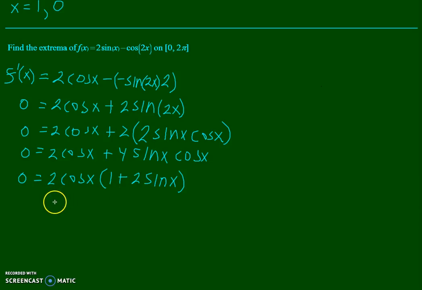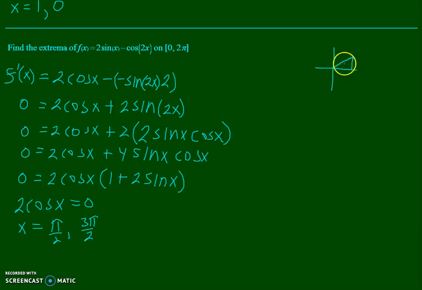Now we can solve this. We can say 2 cos x equals 0, therefore x has to be equal to pi over 2 and 3 pi over 2. If you're wondering where I got this, we'll just simply do a quick XY coordinate grid.